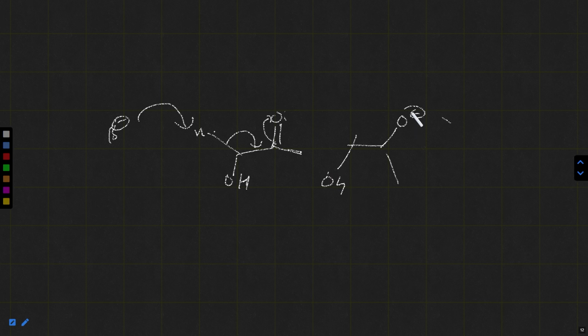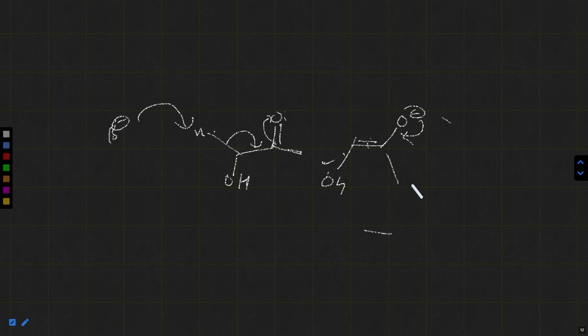Now this negative charge will come back, and this one will be removed. It will come here and it will be removed. So it can be written in this way. So we are taking here and here. Okay, clear?